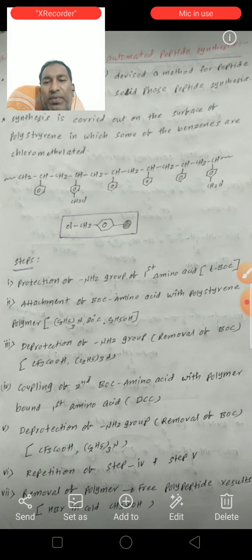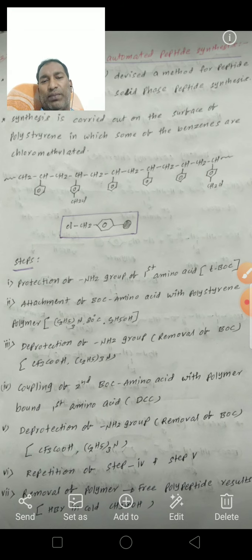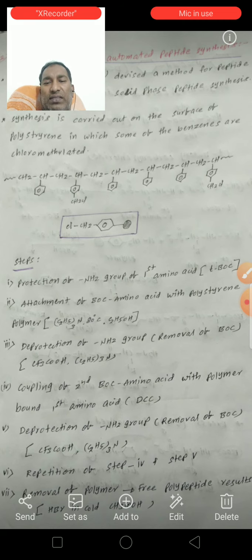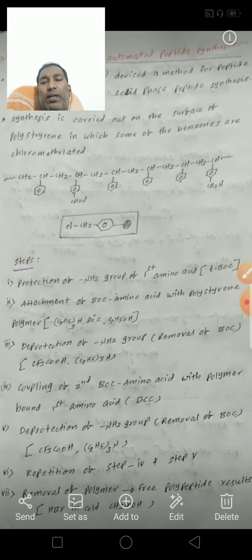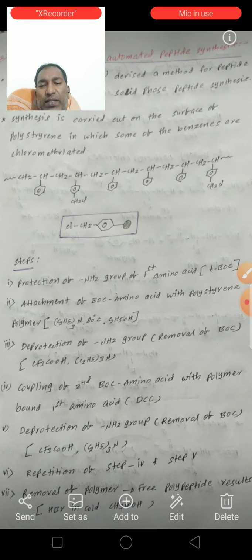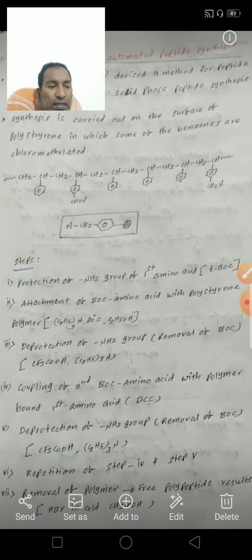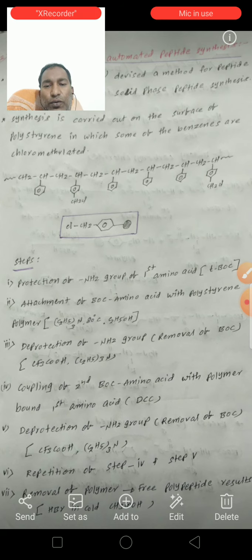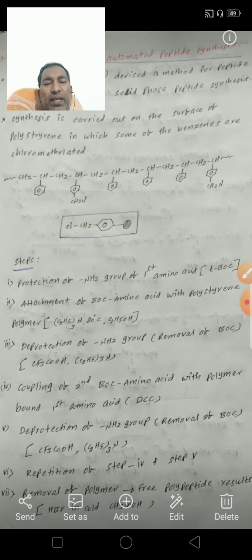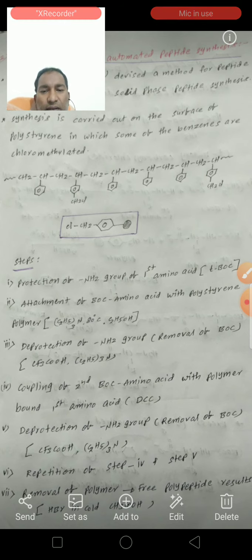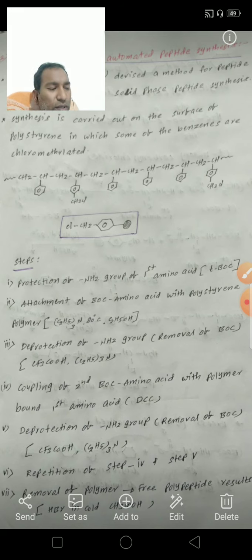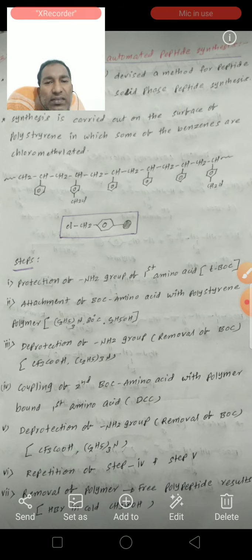Step 4 means coupling of the next BOC amino acid with polymer-bound amino acids, and step 5 is deprotection of the NH2 group, removal of BOC. Next, last one, removal of polymer to form a free polypeptide, which results in the presence of HBr in cold acetic acid conditions.